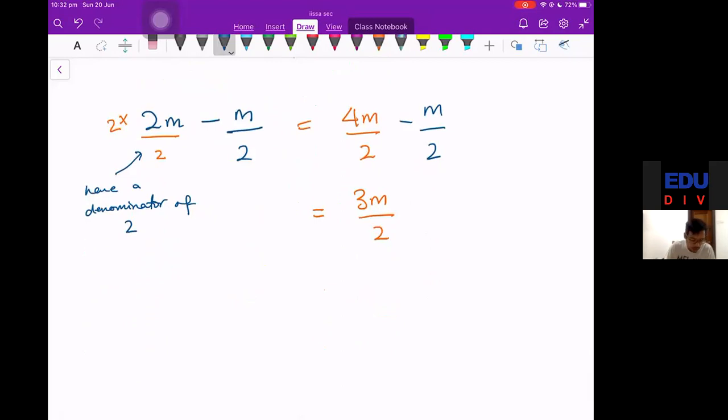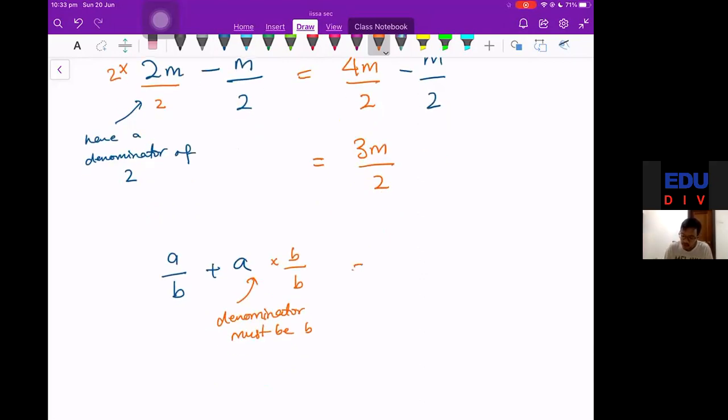Same goes if we are dealing with, let's say, a over b plus a. We need to make the denominator b. So we put it over b and also multiply this by b as well.